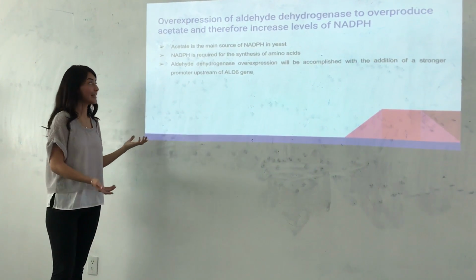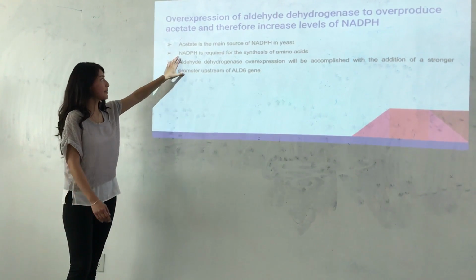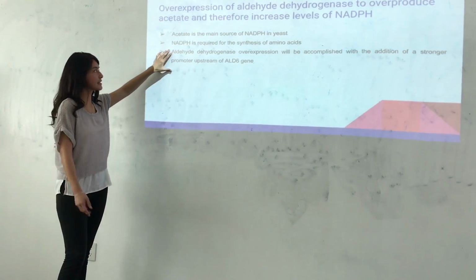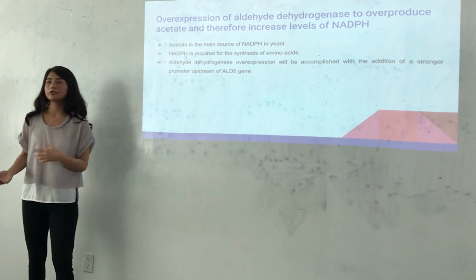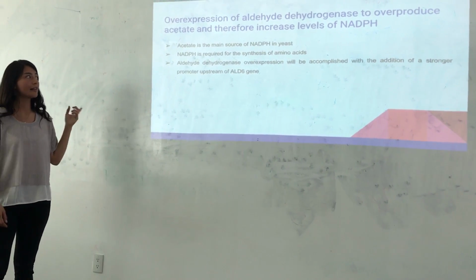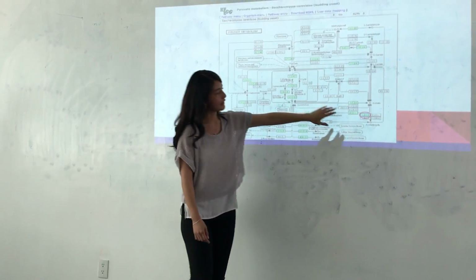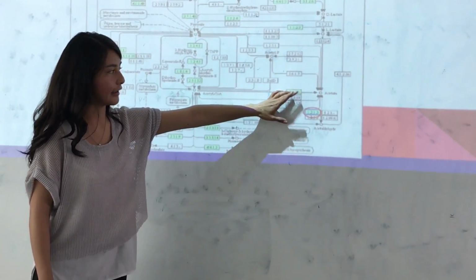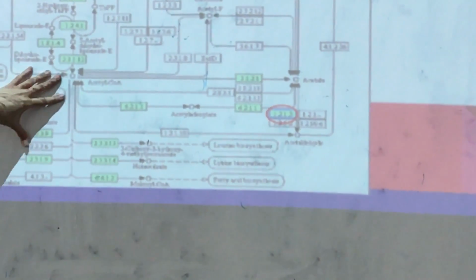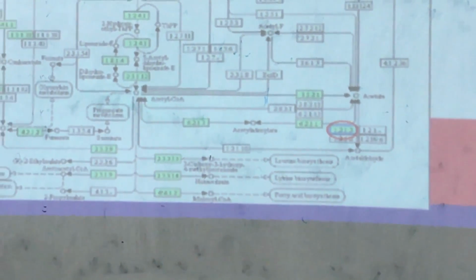NADPH is required for the synthesis of amino acids, and this will be accomplished with the addition of a promoter upstream of the gene ALD6. Next we can find this enzyme that interconverts acetaldehyde and acetate. It will increase the production of NADPH, and this is an important source of energy.